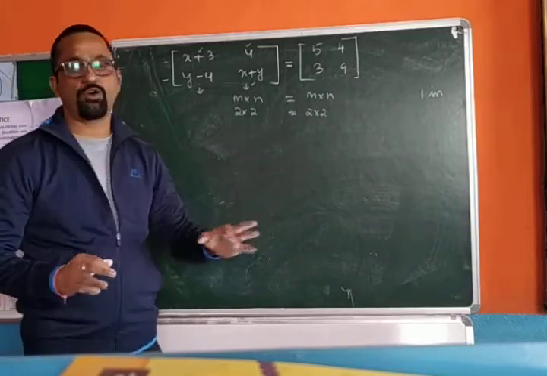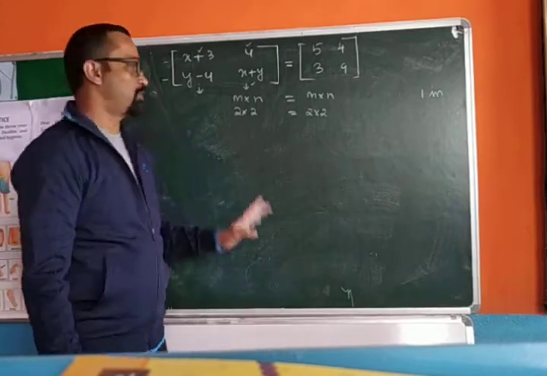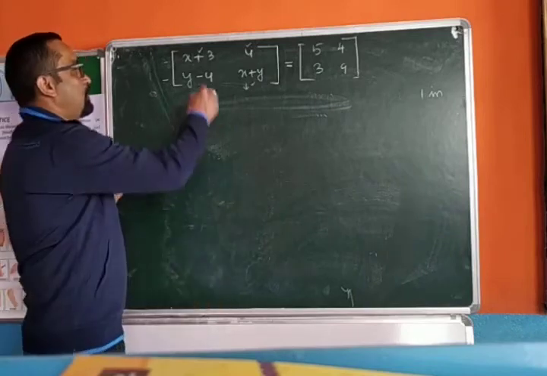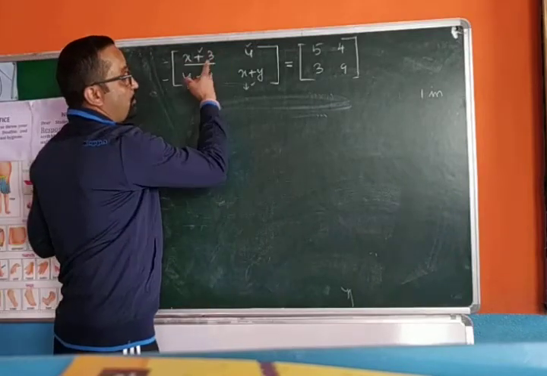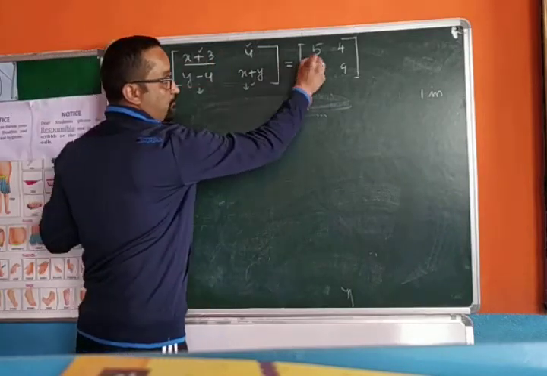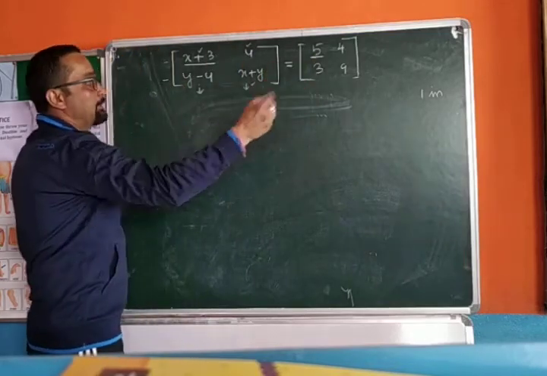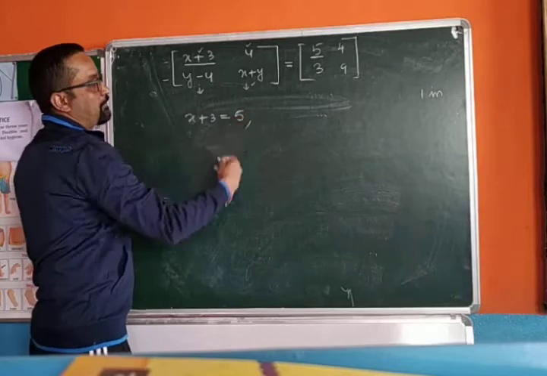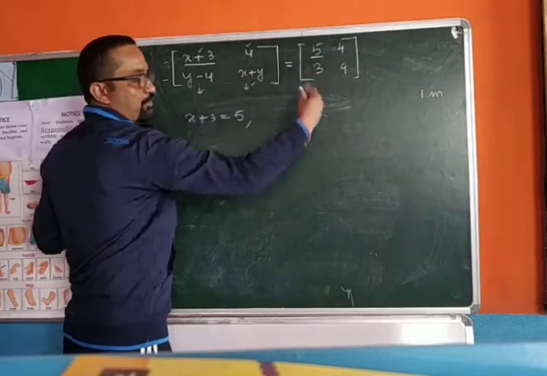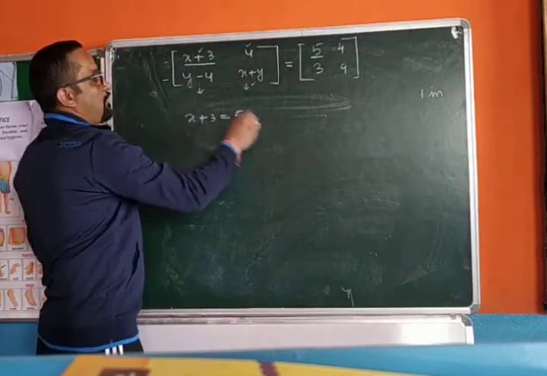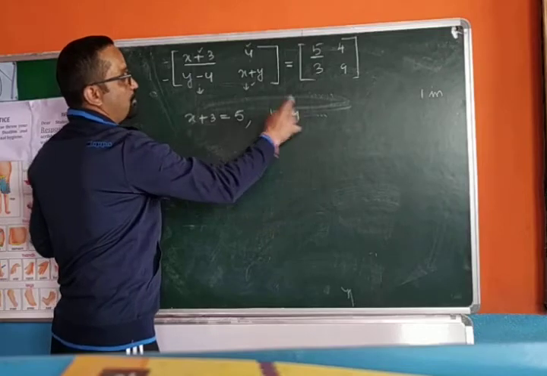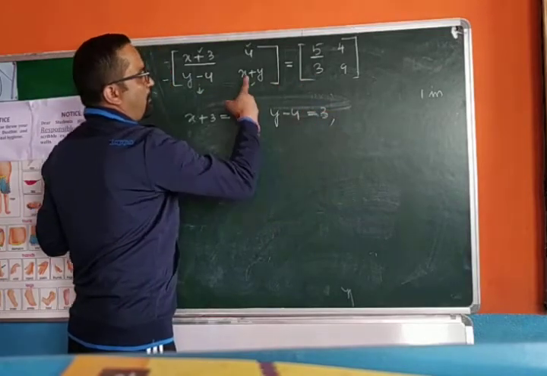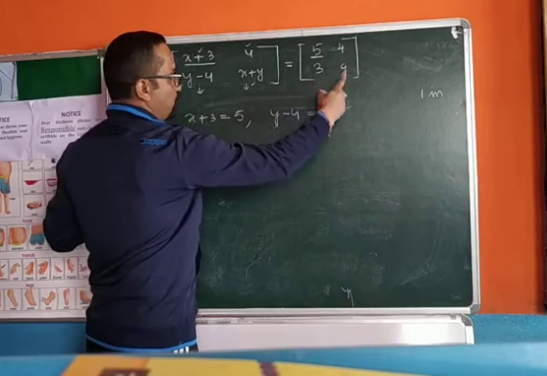If they have different orders, it cannot be used. Since they have the same order, the first element on the left side is equal to the first element on the right hand side. X plus 3 equals 5. 4 equals 4, you don't have to write it. Y minus 4, third element equal to third. Fourth element equal to fourth.